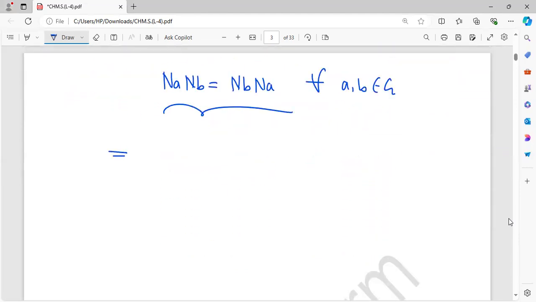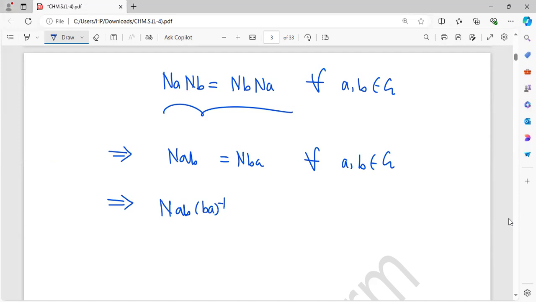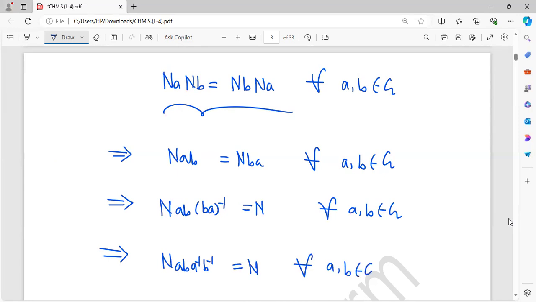The left hand side is NAB and the right hand side is NBA, for all a, b belonging to G. And how can I write this? This implies N a b a inverse b inverse is equal to N for all a, b belonging to G.